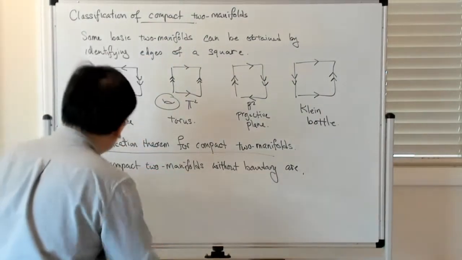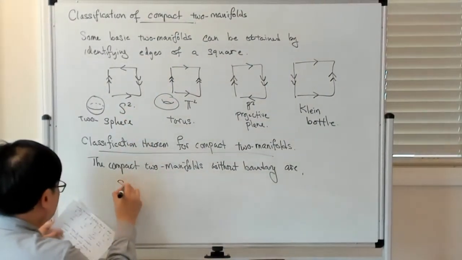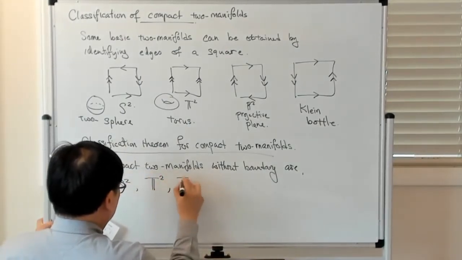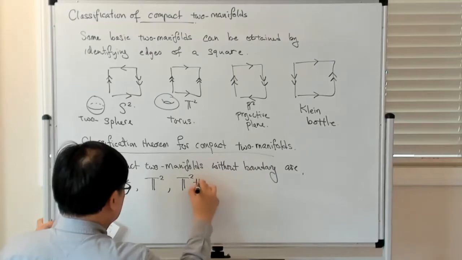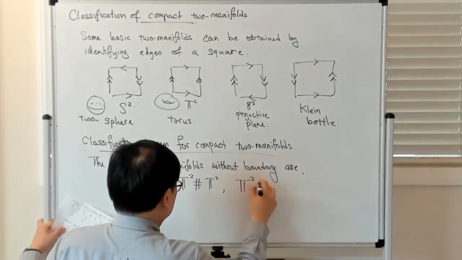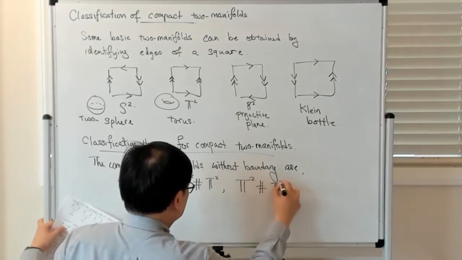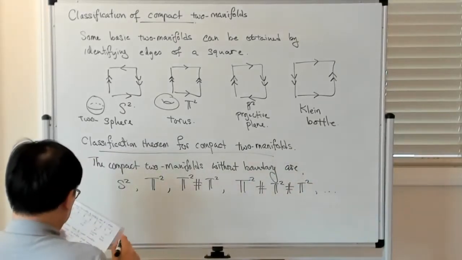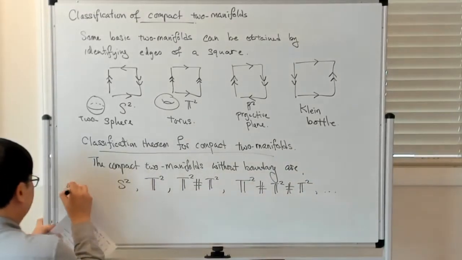So there's the two-sphere, S2, and then there's the torus, T2, and then you can look at connected sums of copies of the tori, and it goes on. These are the orientable ones.